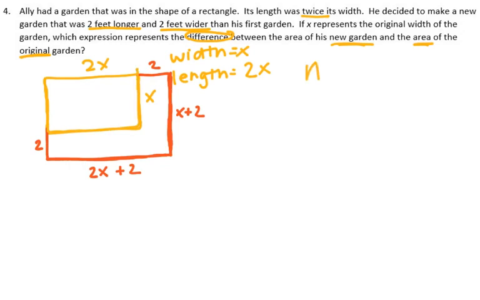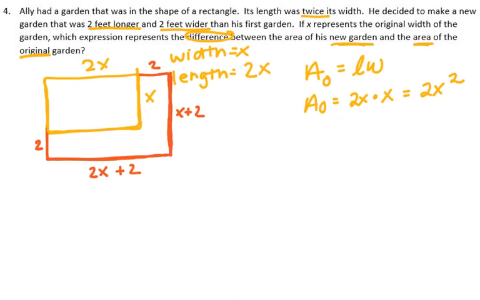So if we start off here, I'm going to start finding the area of my original yellow garden. The area, we'll call it area of O, area of the original, is equal to the length times the width. Well, in this case, the area of our original is the length of 2x times x, which is equal to 2x squared.